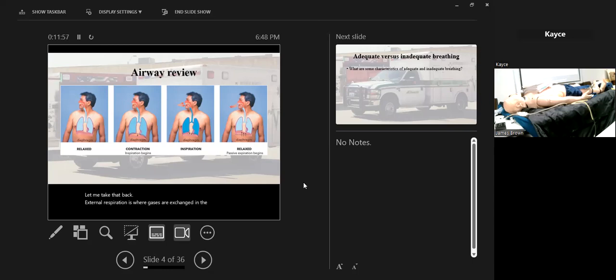Internal respiration happens at the cellular level, where gases are exchanged at the cellular level. So respiration is actually the passing of gases between two bodies, whether it's cells internally or the lungs externally, still cells, but you get the point. Ventilation is the active action of us breathing. That's why we ventilate people using a bag valve mask.